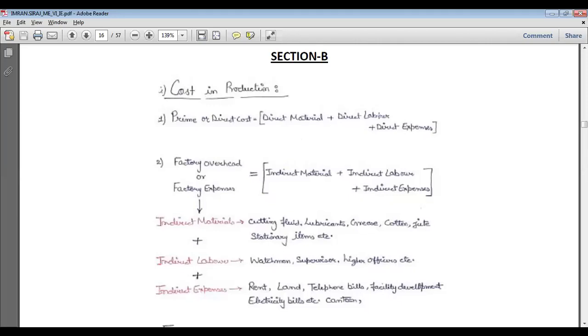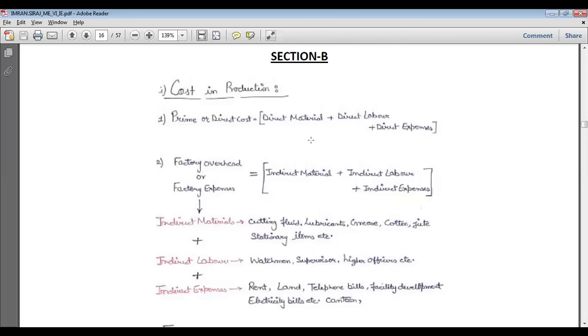Direct labor is the workers and operators involved in converting that raw material into the final product, and direct expenses are various other accessories and parts used in creating this job or workpiece.